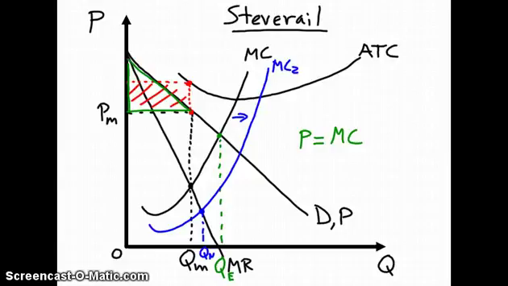Now, if we have moved to QN, go up to the demand curve to find that new price, and so now the area beneath the demand curve and down to the price has increased by this amount. So as you can see, consumer surplus has increased.